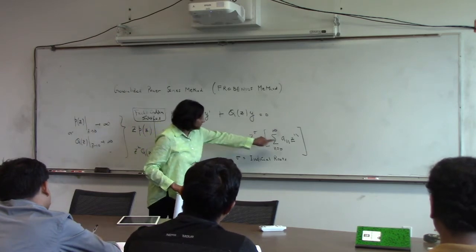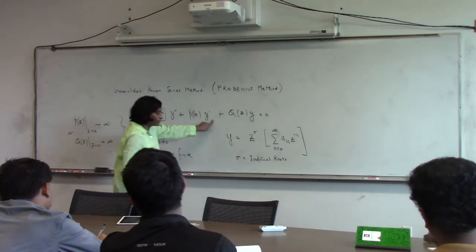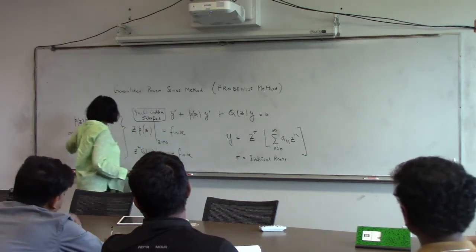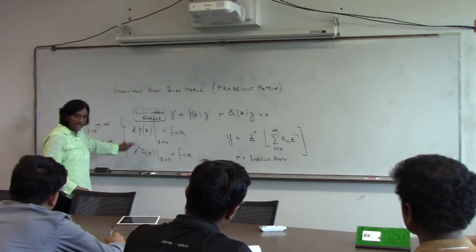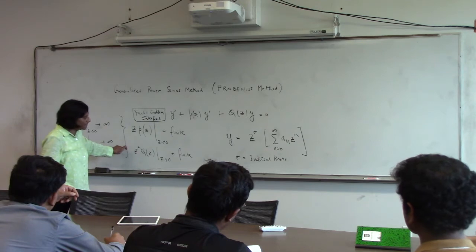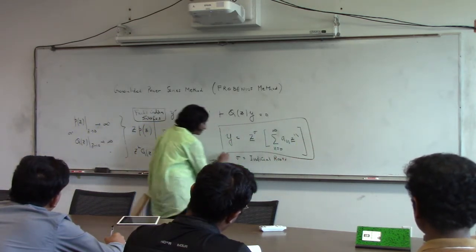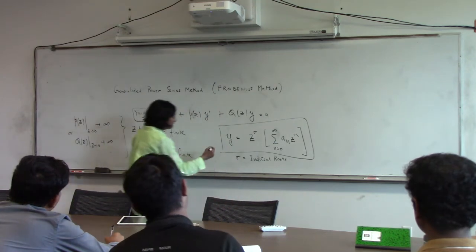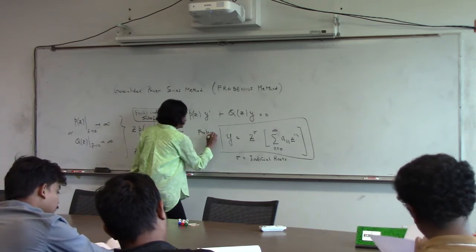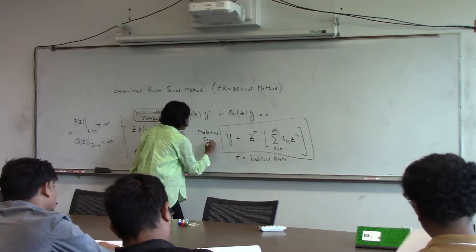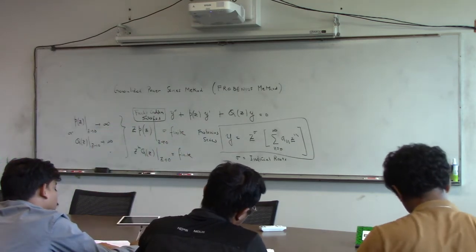Once you determine sigma and a sub n, we can find the solution of a differential equation where P of z and Q of z are not analytic at z equal to 0, but satisfy the Fuchs condition. Then we can propose a generalized power series, a Frobenius series, as the solution. That's what Fuchs did. This is Fuchs' work.